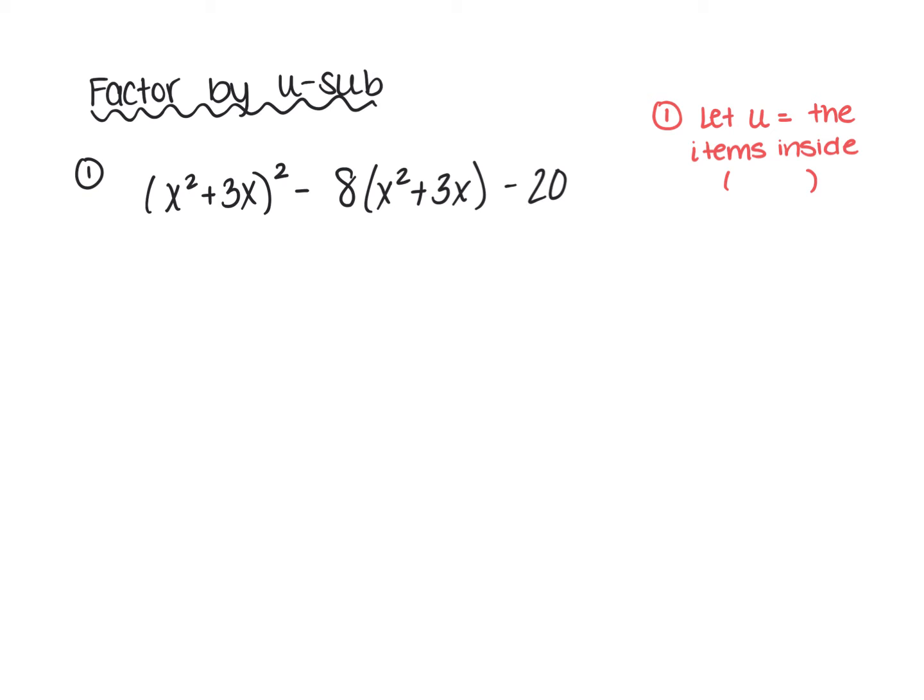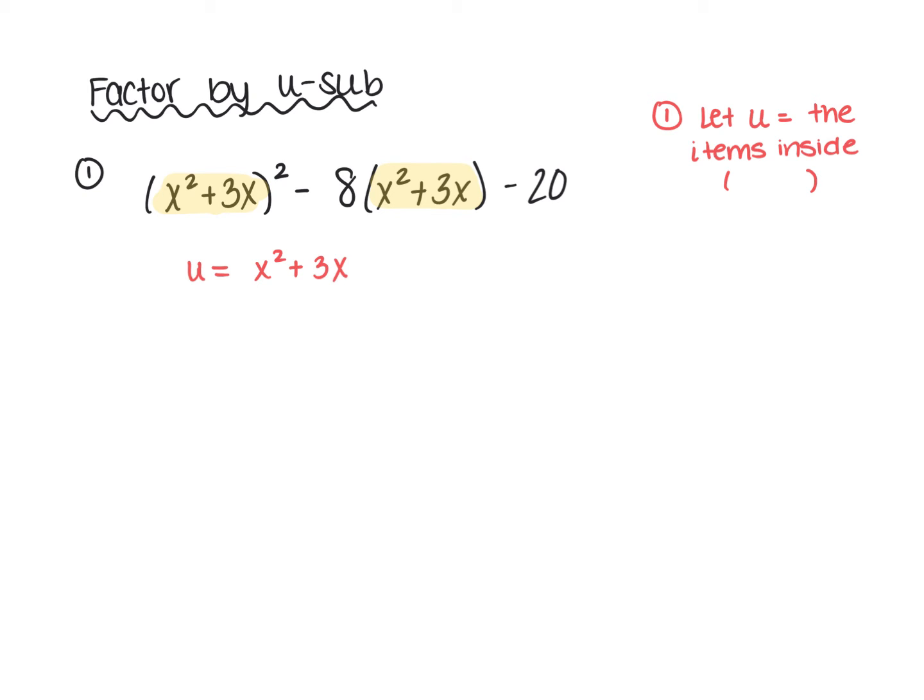In this case, you're going to notice that these parentheses, x squared plus 3x, and this x squared plus 3x are the same. So you're going to let u equal x squared plus 3x.